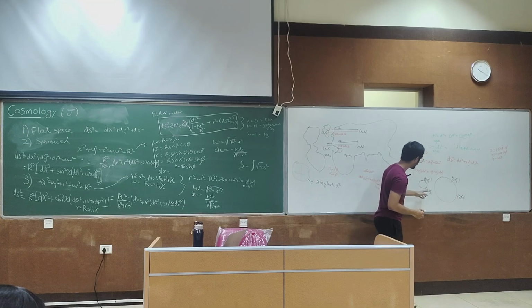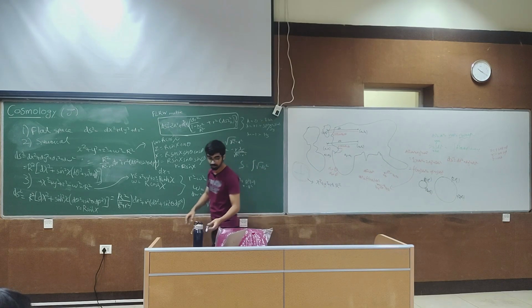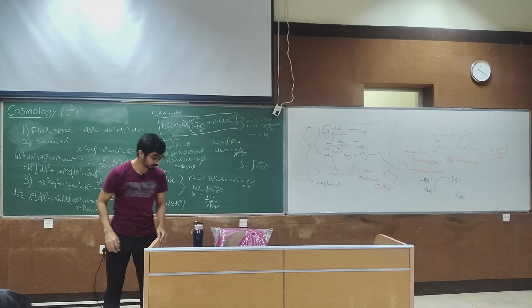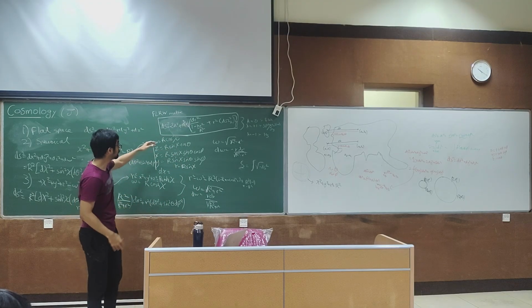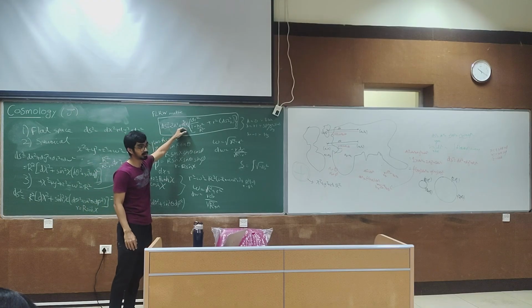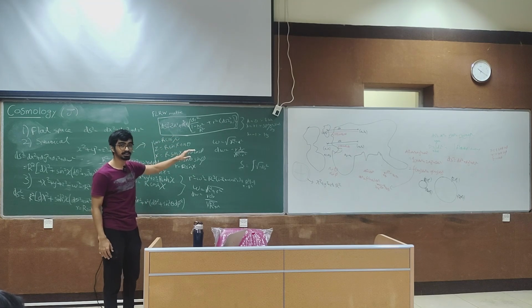The coordinates are the same, but the distance between the two points has changed. Similarly, a of t captures the time dependence of this metric, and the whole game is about finding what a of t is. If you know the explicit form of a of t, then the game is solved, right? People appreciate this.